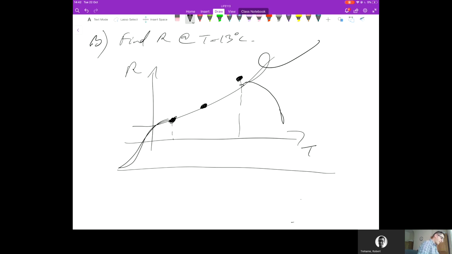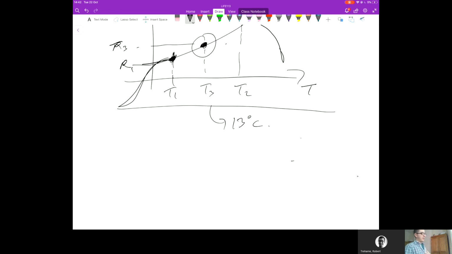So as long as I've got a value which is in between these 2 temperature points, T1 and T2, then if that was R1 and that was R2, I can work out some, let's call it R3 and T3. Okay, so I'm going to ask you to calculate at a temperature, I think, of 13 degrees now.